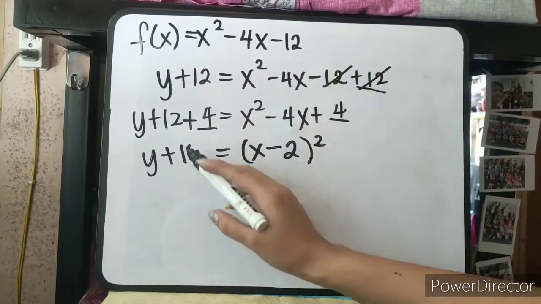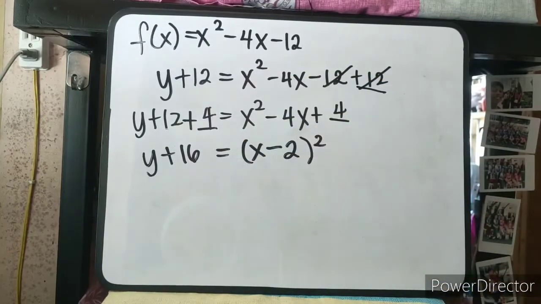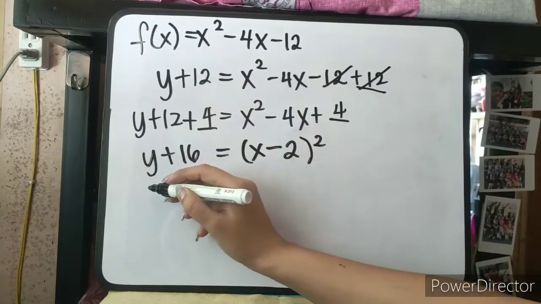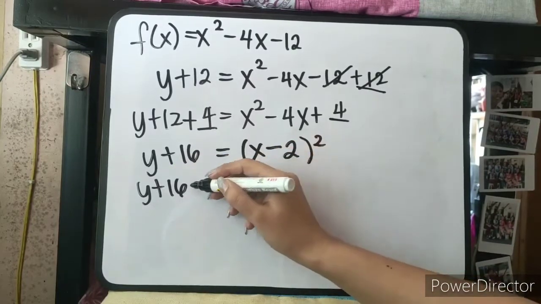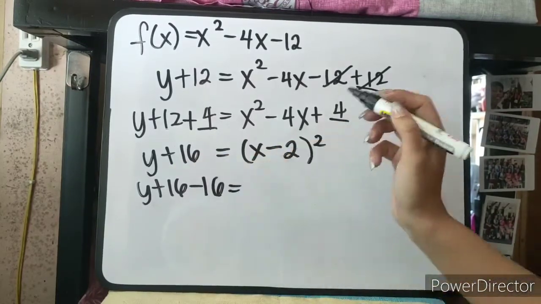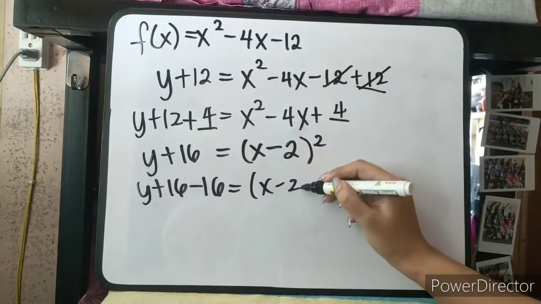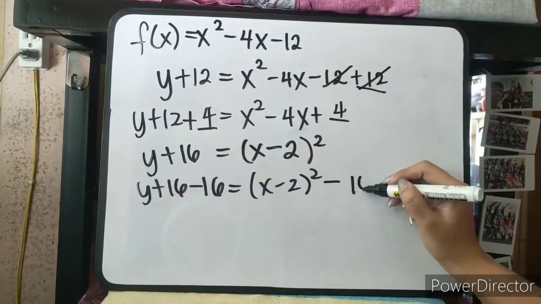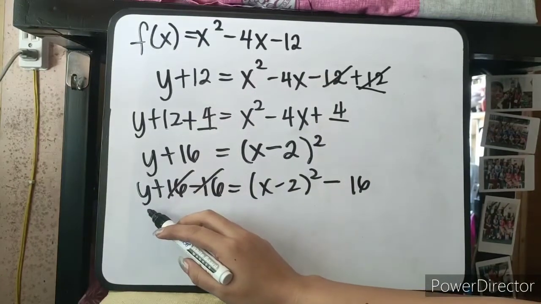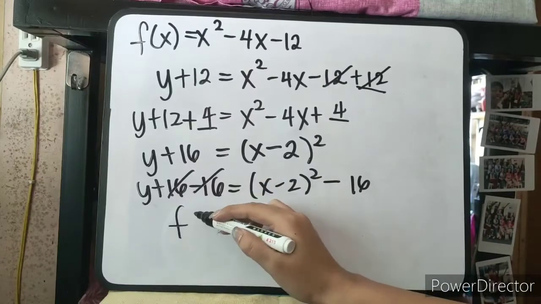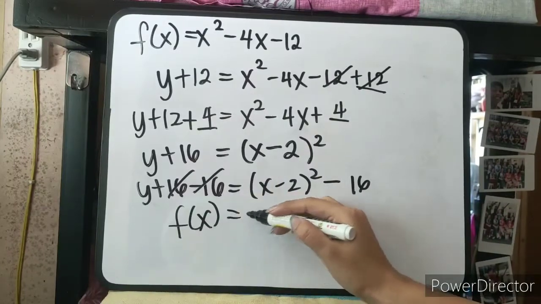And then, that's the time, kailangan natin itong ilipat dito by transposing it, or we will be adding or subtracting 16 by addition property of equality para ito ay maging 0, yung 16 minus 16. And then, yung y natin, ibabalik natin na maging f of x.